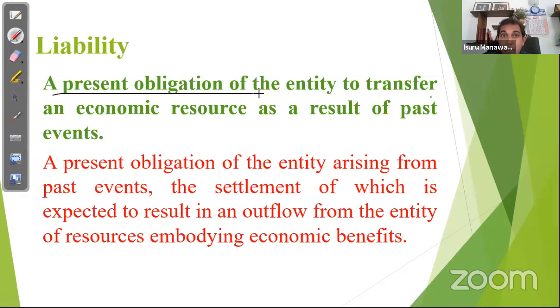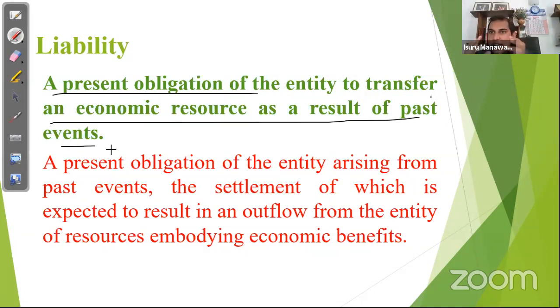That word is important. We have an obligation. We have obtained a loan. We have an obligation today because we have to pay in future, right? We need to settle them. So we have an obligation today, of the entity to transfer an economic resource as a result of past event.